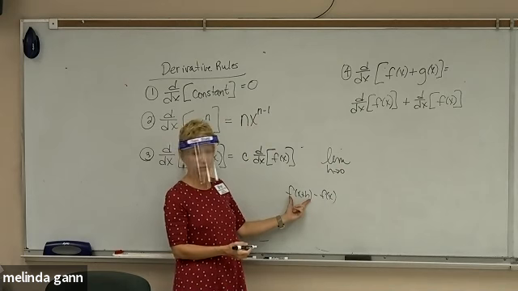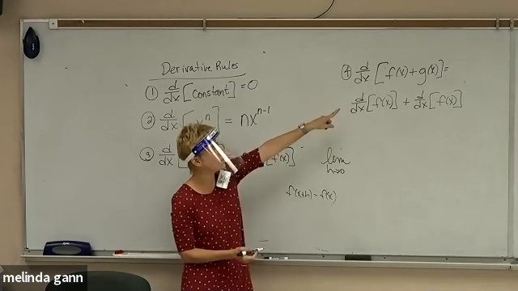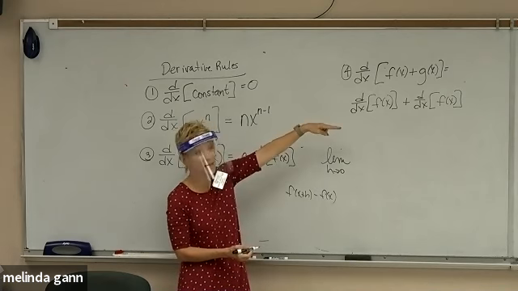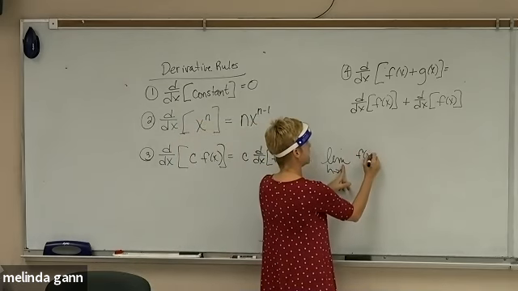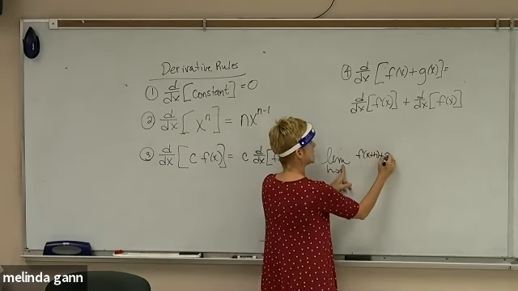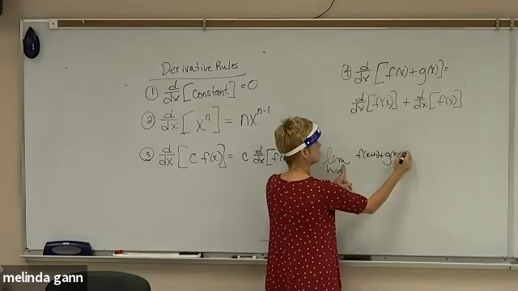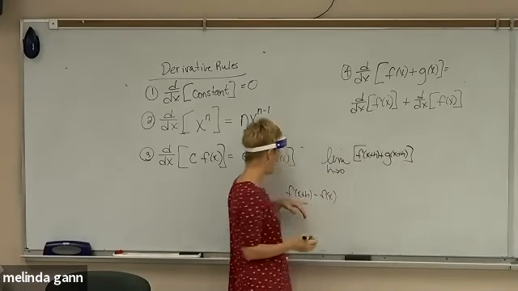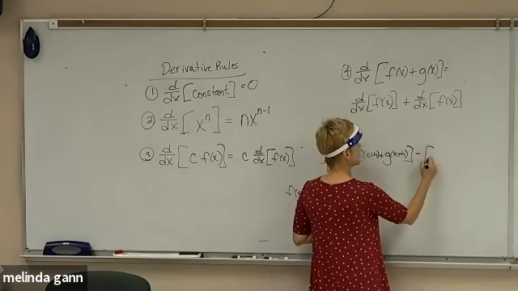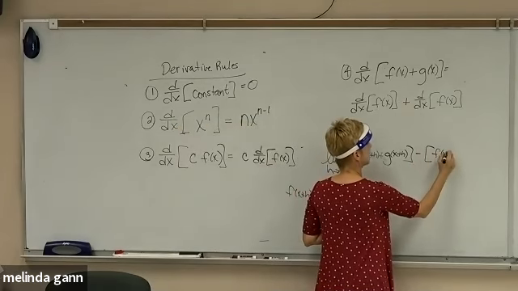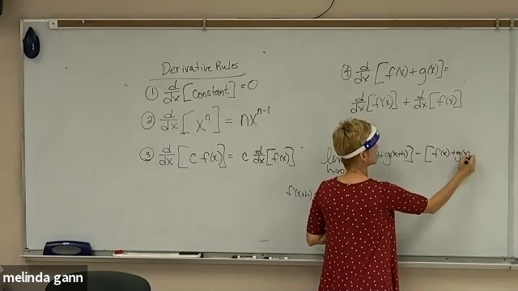X plus h. So you understand, if somebody said prove that works, they've got an f of x plus h plus a g of x plus h. That would be their f of x plus h. And then minus their original, which would be f of x plus g of x.